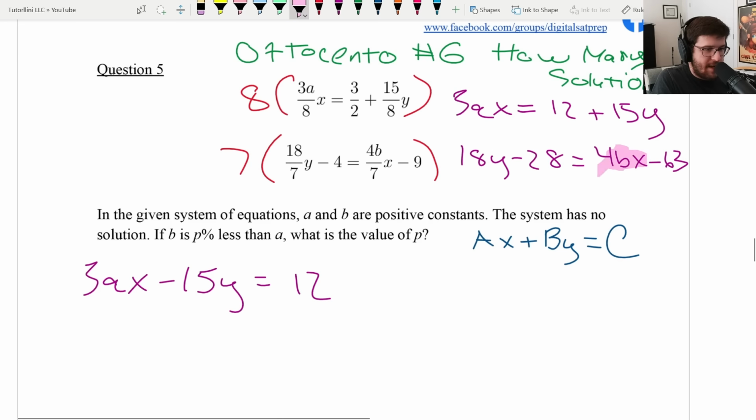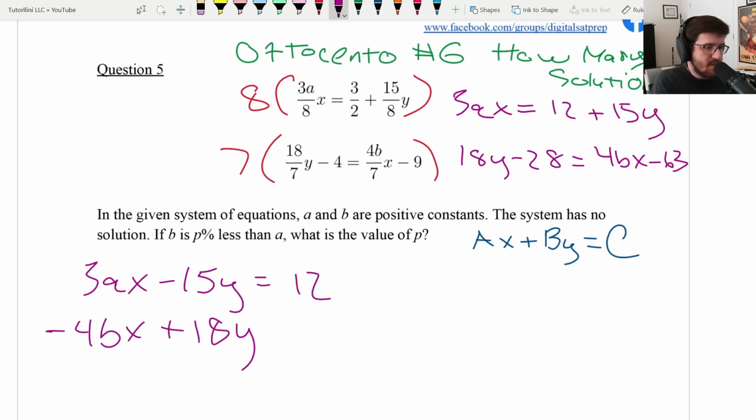I have to move this guy over here by subtracting 4bx, and then I have plus 18y. Then I have to add 28 over to the other side. So 28 plus negative 63 gives me negative 35. All of a sudden, this is looking really good.